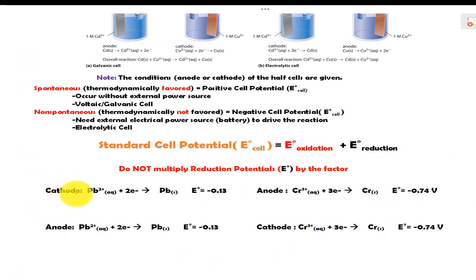Here I have the cathode made of lead, and of course this is reduction, and then I have the anode made of chromium. This would be oxidation, so the cell potential would be reversed, which is plus 0.74. So we add them together: 0.74 for oxidation, plus the reduction, which is minus 0.13, gives us 0.61, and this is positive, therefore it is a spontaneous reaction.